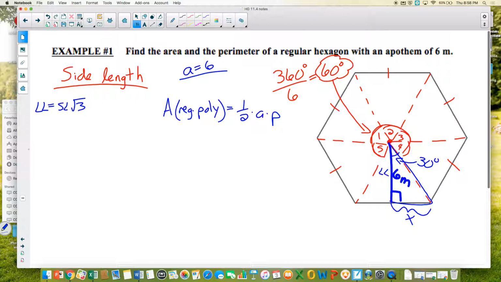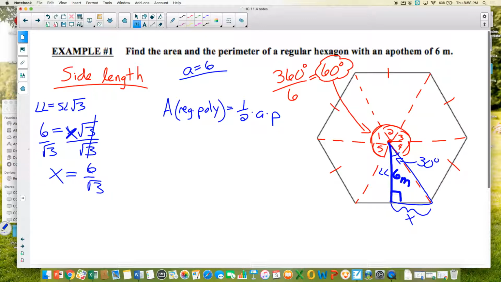And right here is the long leg. So we know that 6 equals x times the square root of 3. If we want to solve for x, we have to divide by the square root of 3. So x equals 6 over square root of 3.